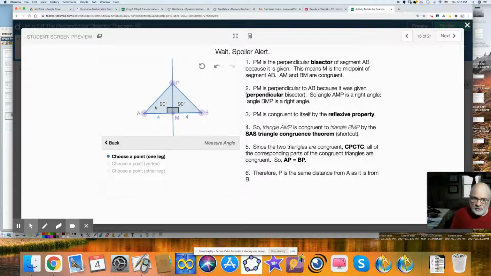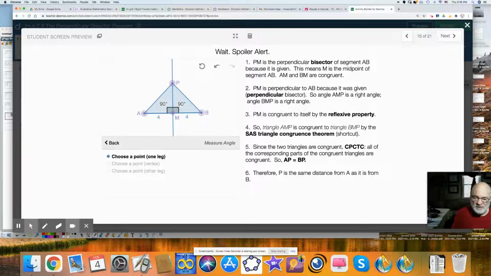So this triangle on the left, which we called AMP, is congruent to BMP by the side angle side triangle congruence theorem. Since these two triangles are congruent, using these three pieces of the 6 pieces, I can say that the remaining pieces must be congruent, corresponding parts. Corresponding parts of congruent triangles are congruent, so AP is congruent to BP.